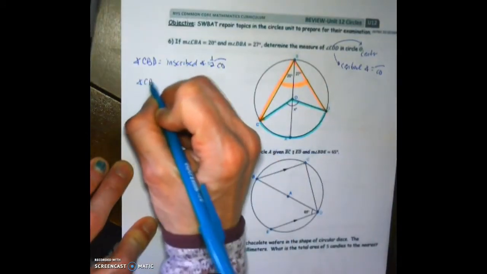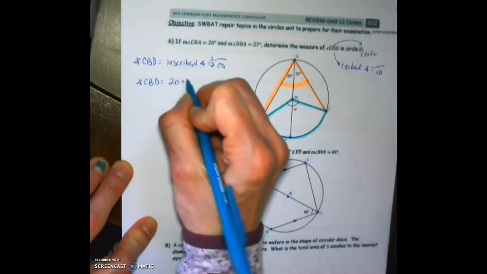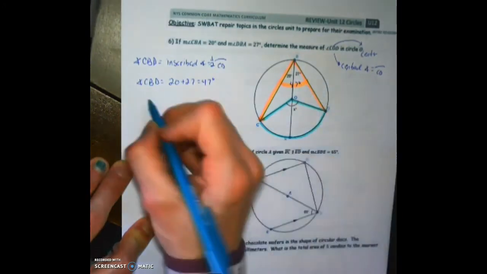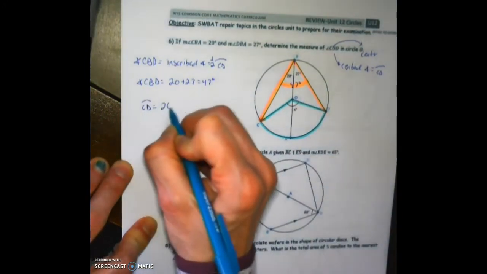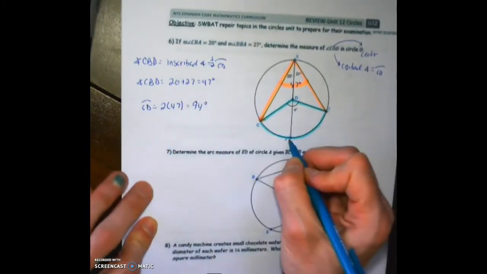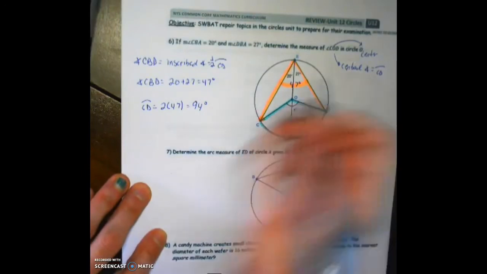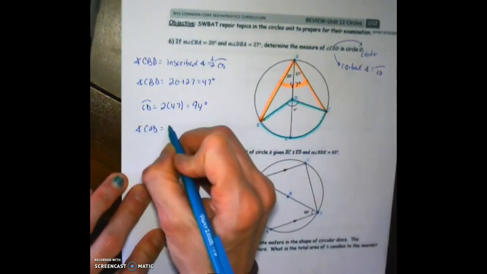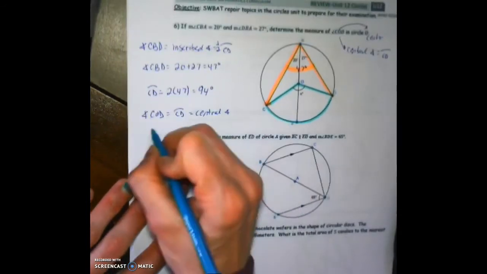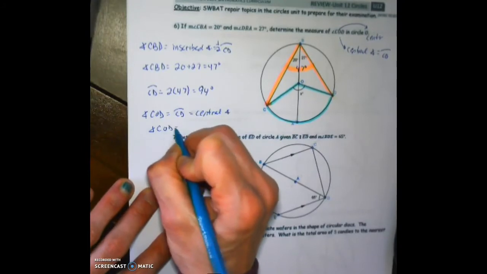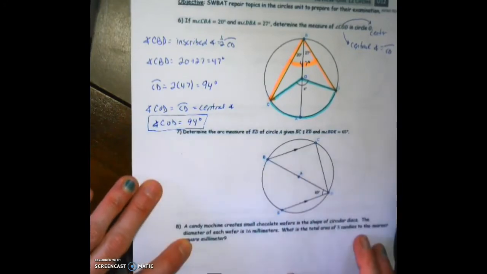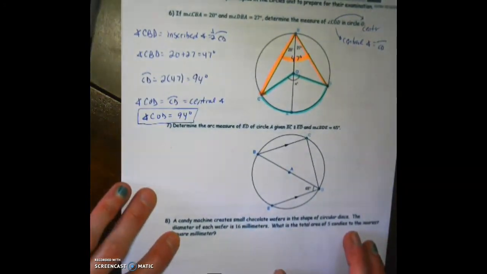So angle CBD is equal to 20 plus 27, or 47 degrees, which means arc CD is going to be twice the measure of 47, which is actually 94 degrees. And we actually just said over here that angle COD is equal to arc CD because it's a central angle. So therefore, angle COD is 94 degrees. It's like a little puzzle piece here. It's just getting easier and easier every time we do this.